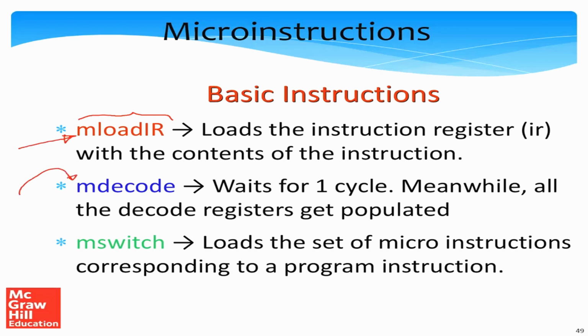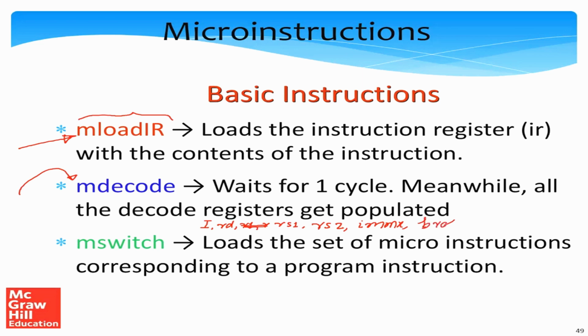Next is M decode. This is a one cycle instruction where all the decode registers get populated. So we read the contents of the instruction from IR, and all the decode registers get populated. Recall that we are interchangeably using the term micro register and register, so please infer them from the context. Our decode micro registers are I, RD, RS1, RS2, IMEX, and branch target.